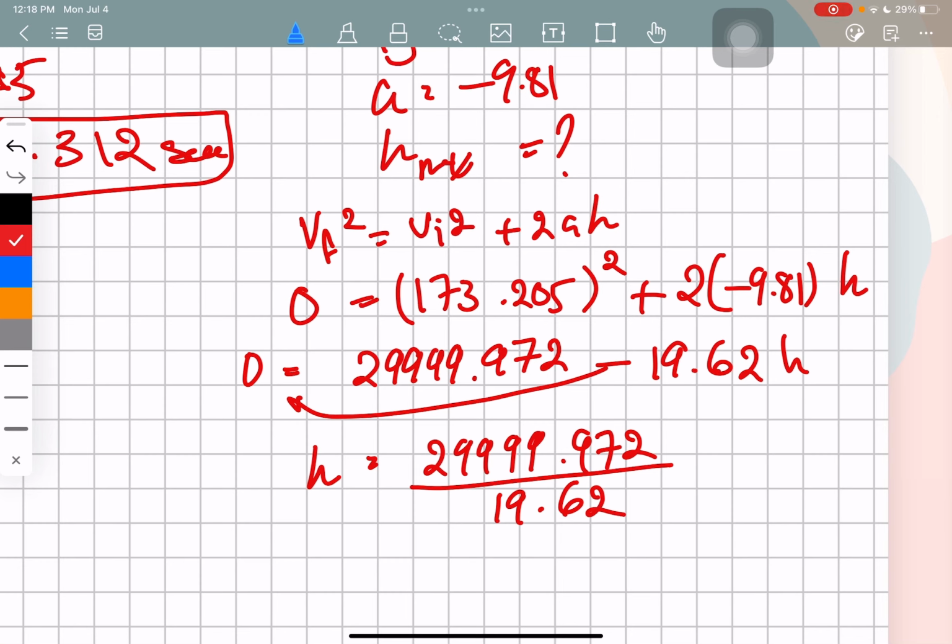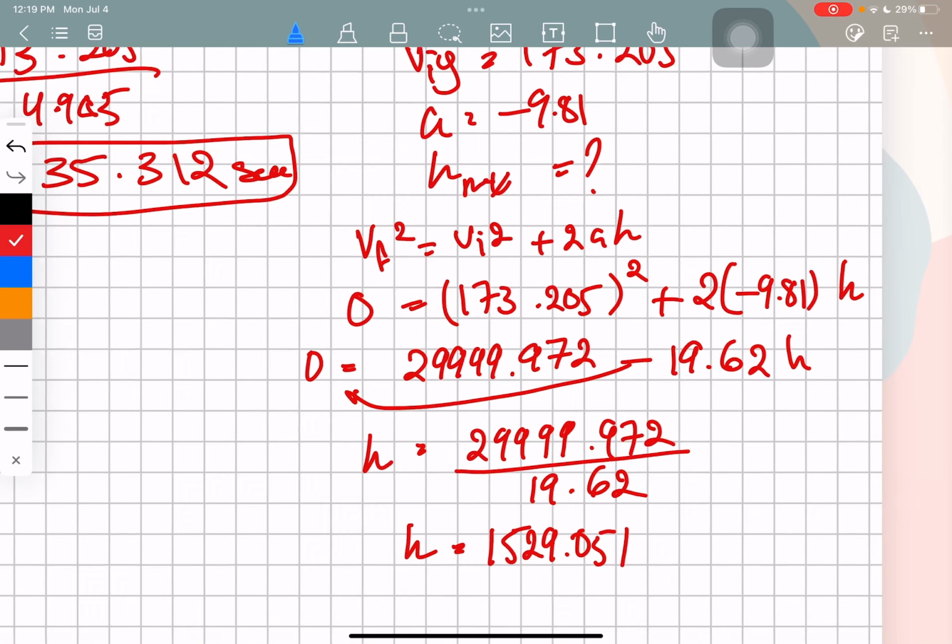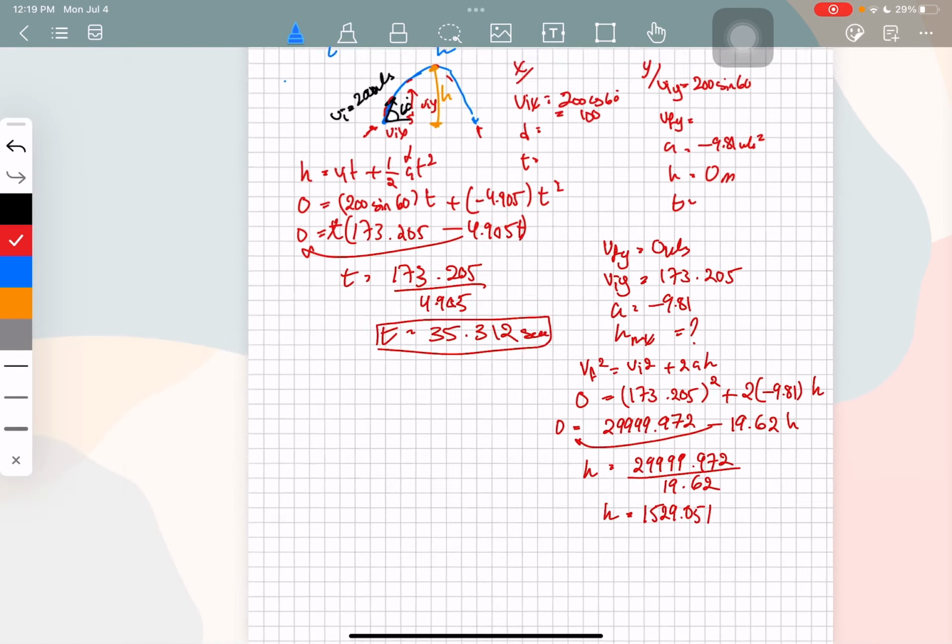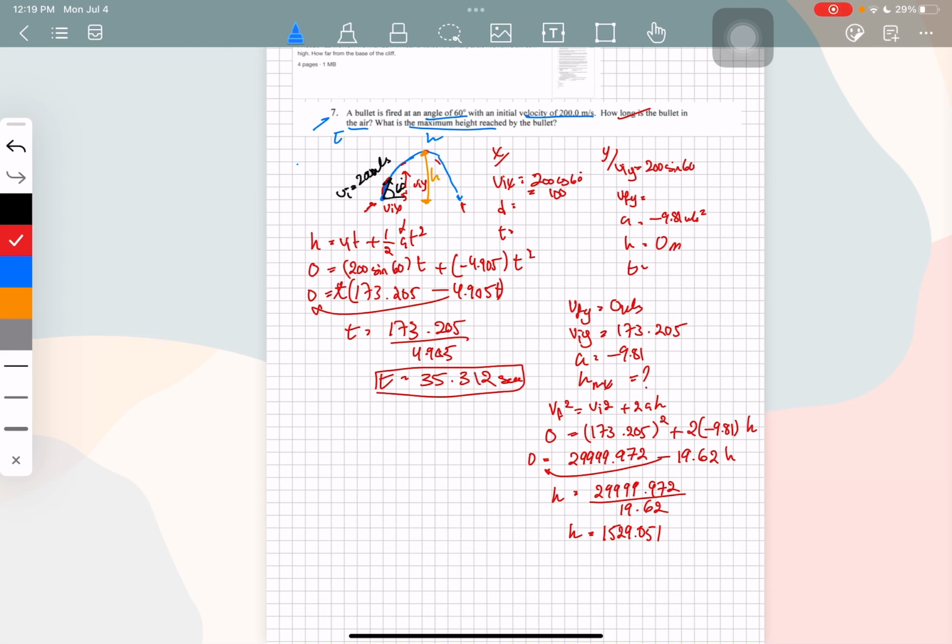And so this gives you a height of 1529.03 meters. And so this is your height right here.